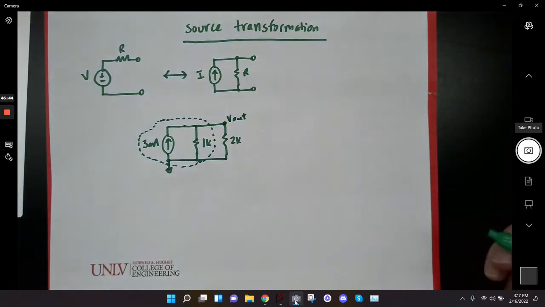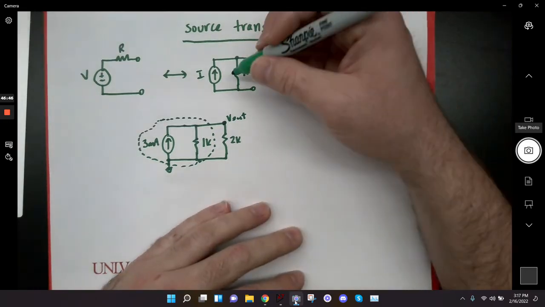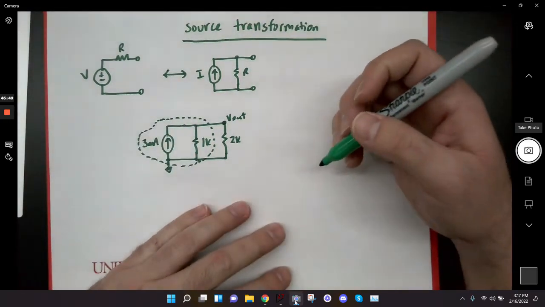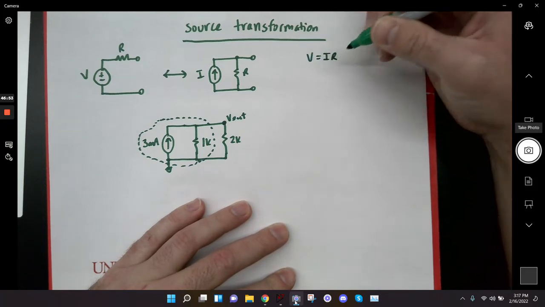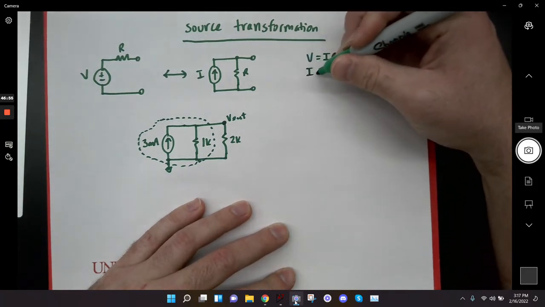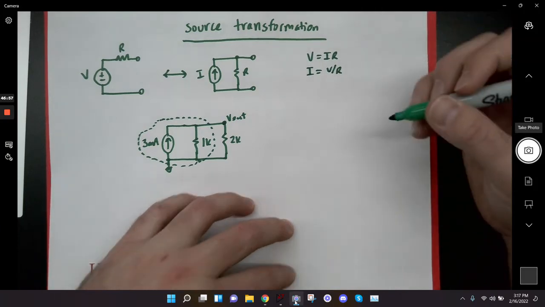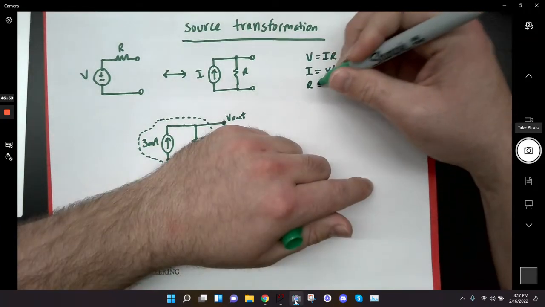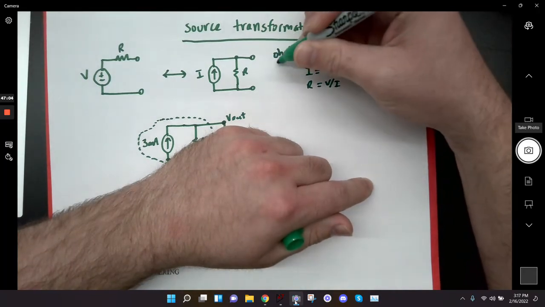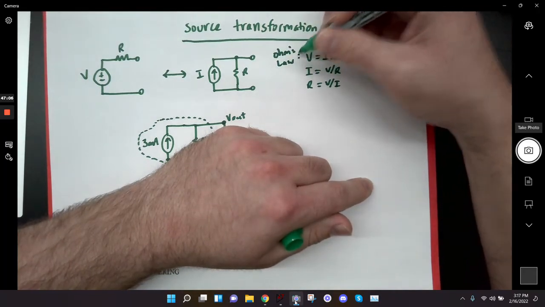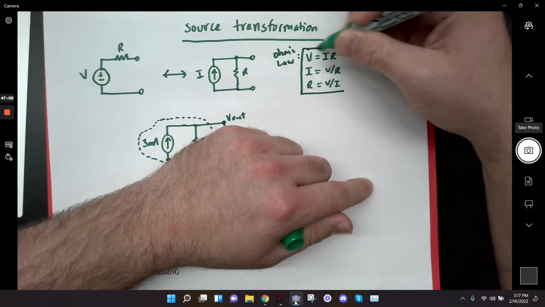And how do I do that? I'm just going to use Ohm's law. I'm going to write the three versions of Ohm's law here: V equals IR, I equals V over R, and R equals V over I. That's Ohm's law, and that's used for source transformation.